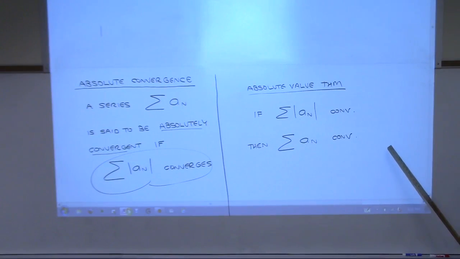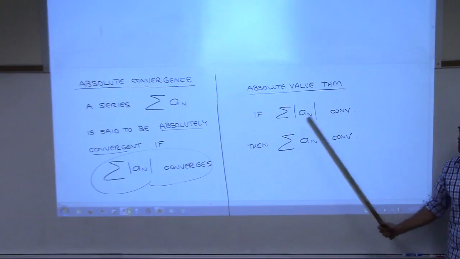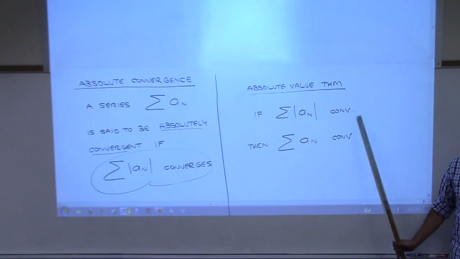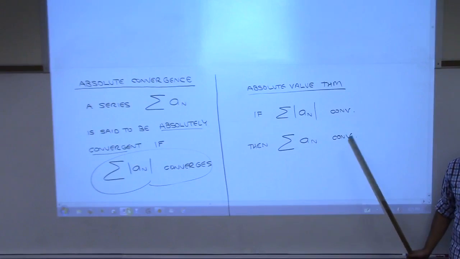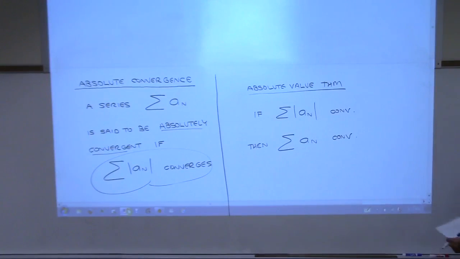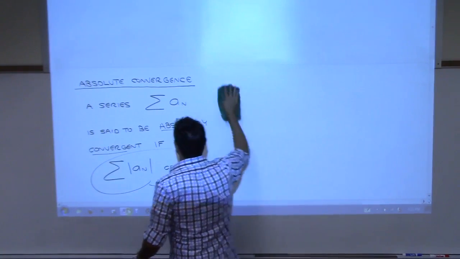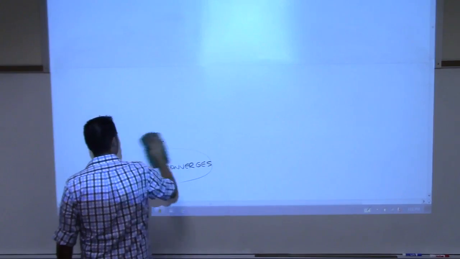Make sense? So absolute convergence implies convergence. Absolute convergence implies convergence. And we can use that for something like this.